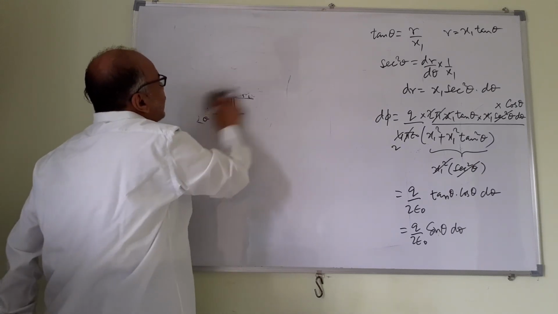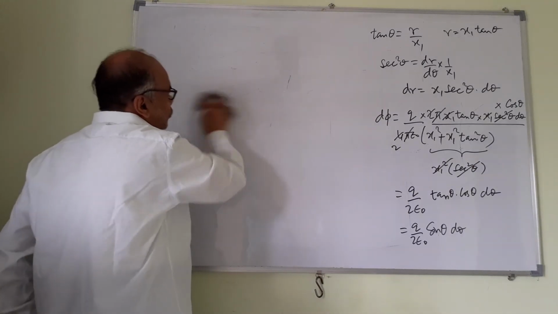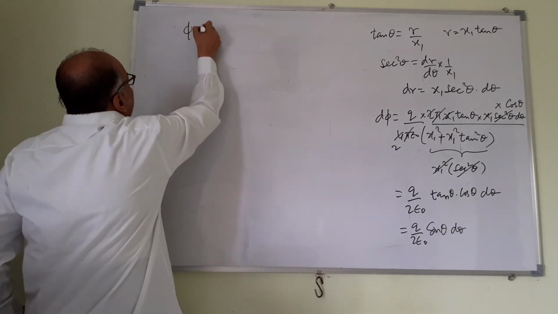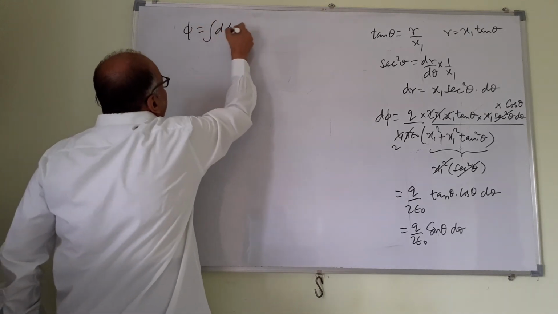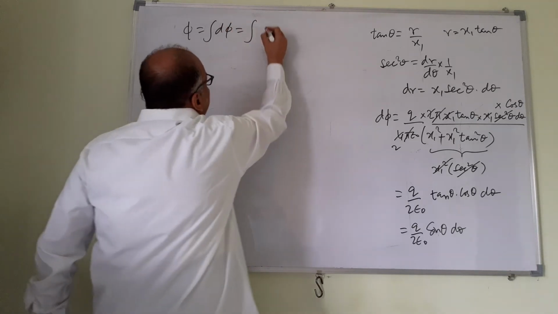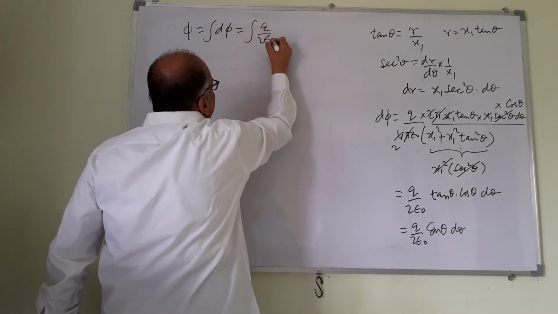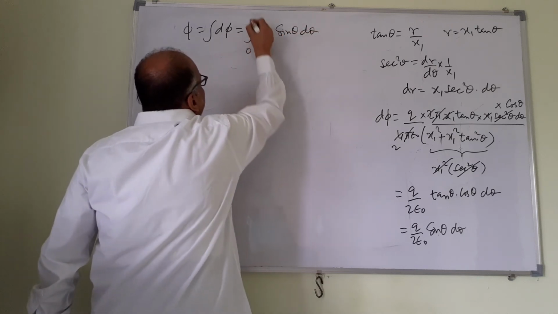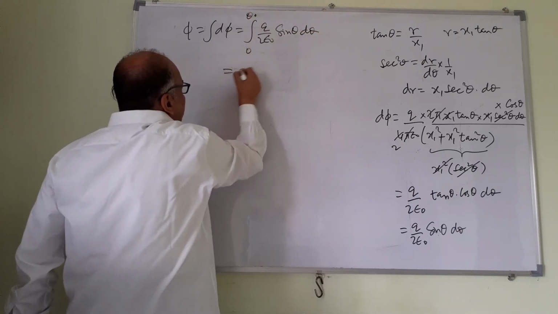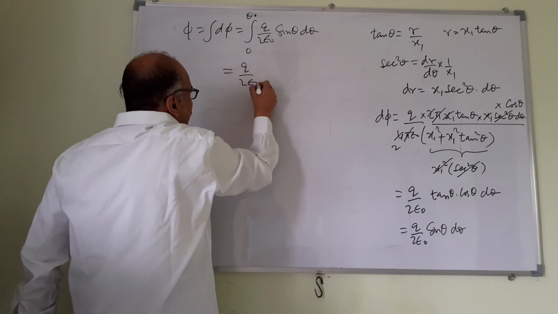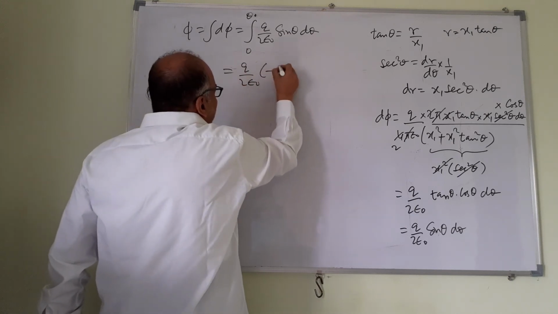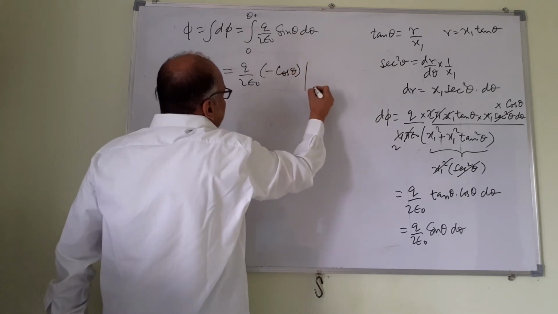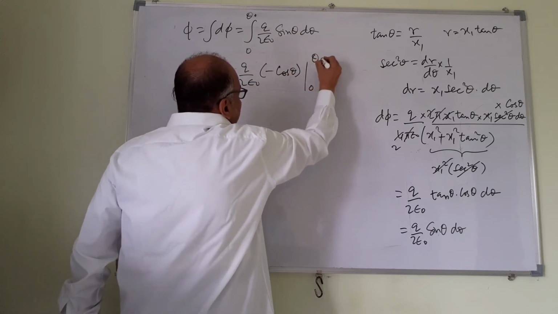If we integrate that, phi, which is the integral of d phi, is the integral of q by 2 epsilon naught sin theta d theta, theta varying from 0 to theta naught. So this will be q by 2 epsilon naught into minus cos theta. The integral of sin theta is minus cos theta, from 0 to theta naught.